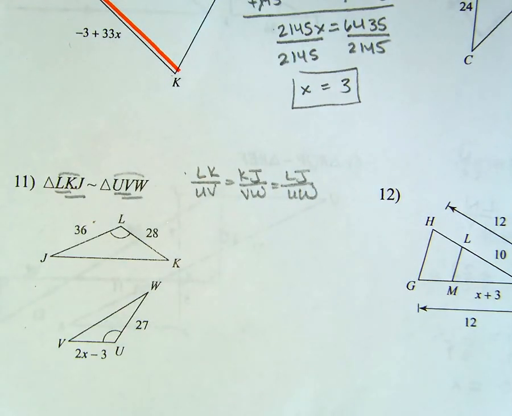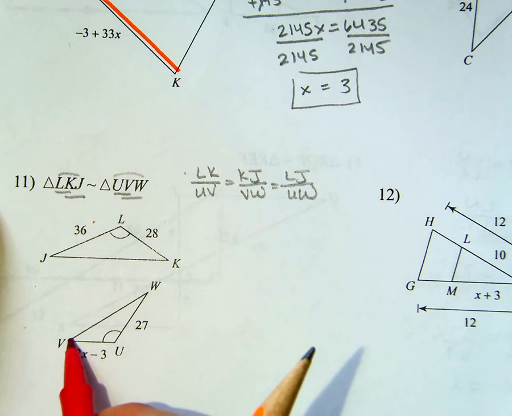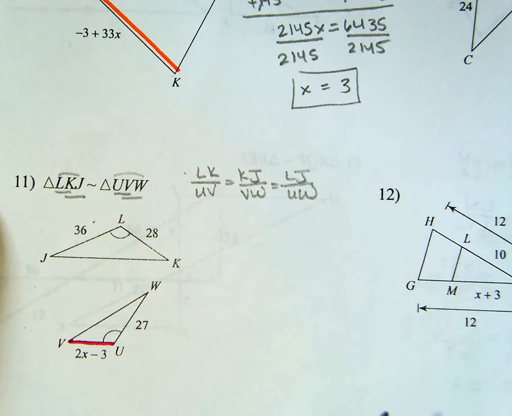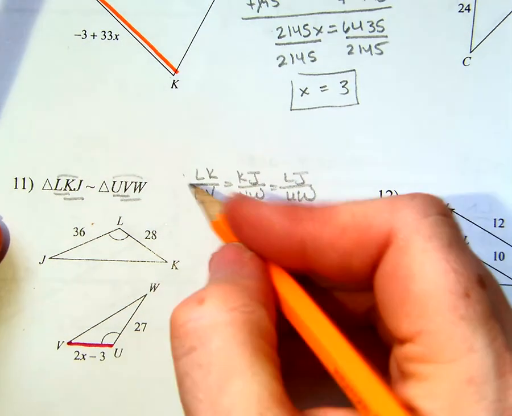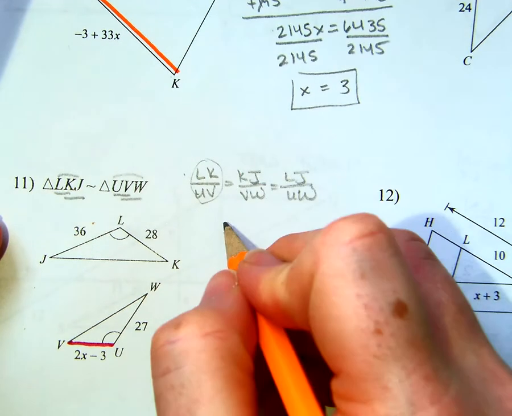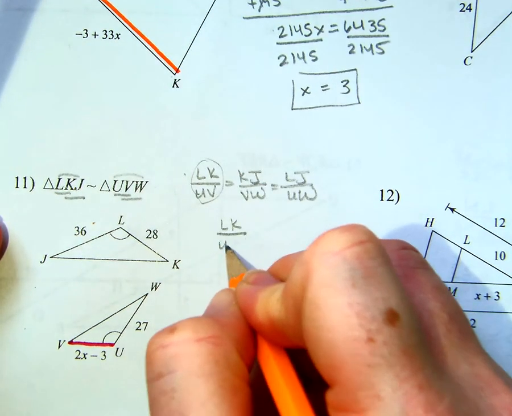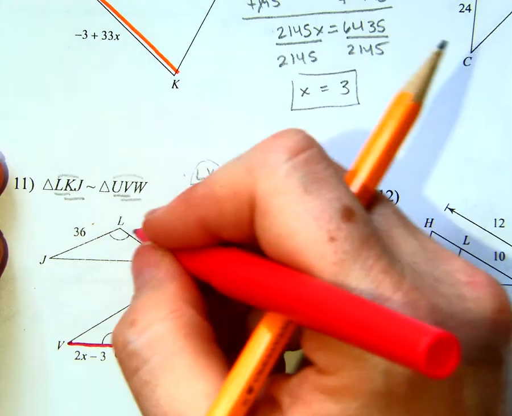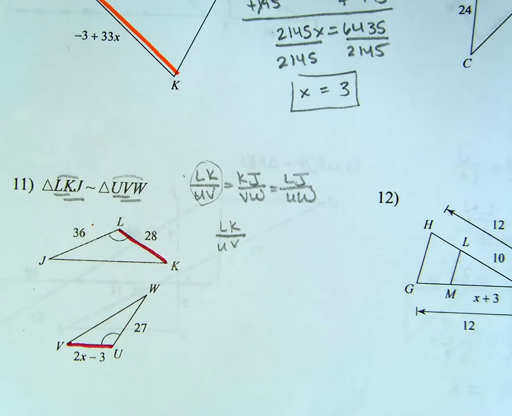Here's the x. So I know I have to have this one, VU. So I need this first one, LK, and then LK is going to go with VU. You could see if I kind of twisted this around how the relationship would be similar here.